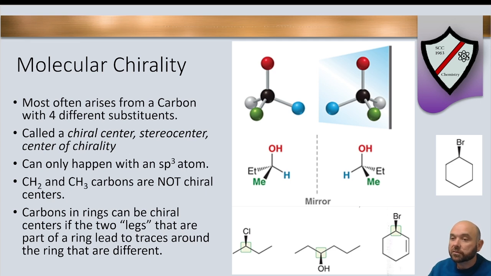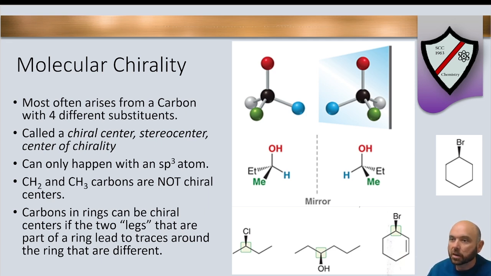And so there are 2 different ways you can represent that molecule that are mirror images of one another, that are not superimposable. You can never turn that molecule on either side of that mirror plane so that they exactly match one another, and therefore they are stereoisomers of one another.